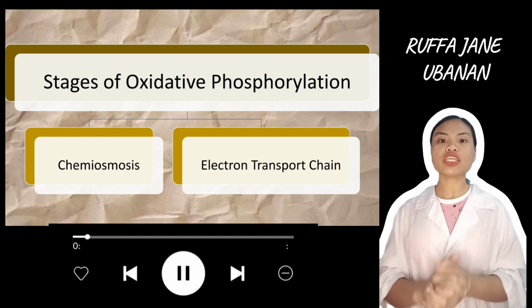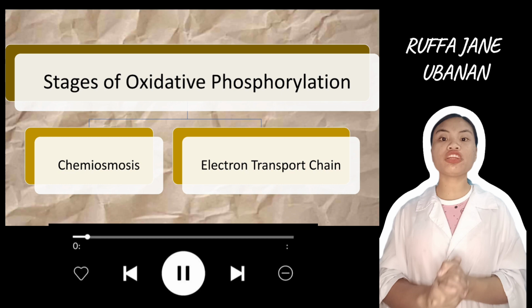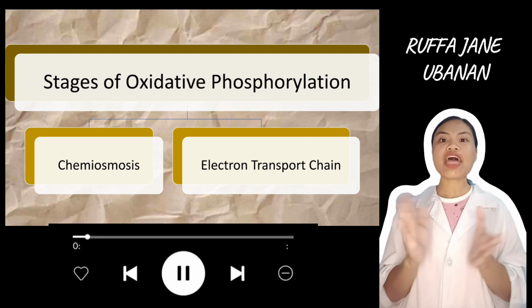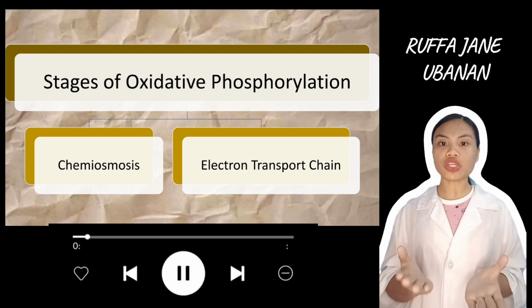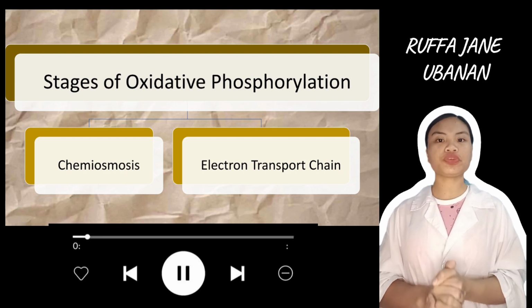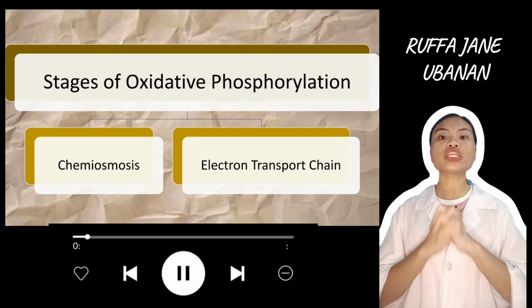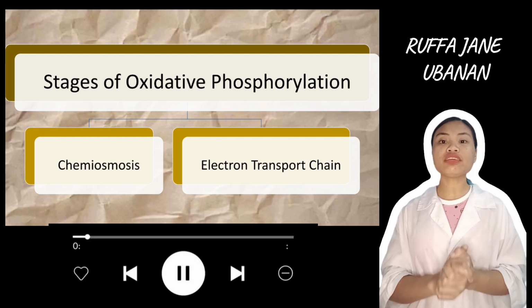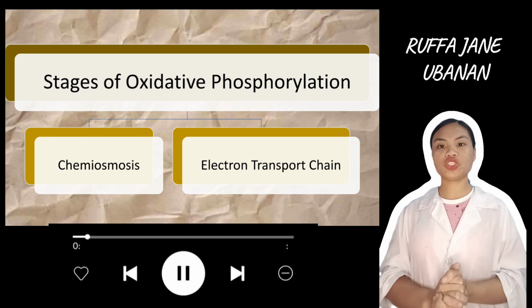So chemiosmosis uses the potential energy stored in the proton gradient to convert ADP and Pi into ATP. And then the electron transport chain pumps protons and creates a proton gradient. So these two stages work together to generate a large amount of ATP from a relatively small amount of energy stored in the oxidized nutrients.